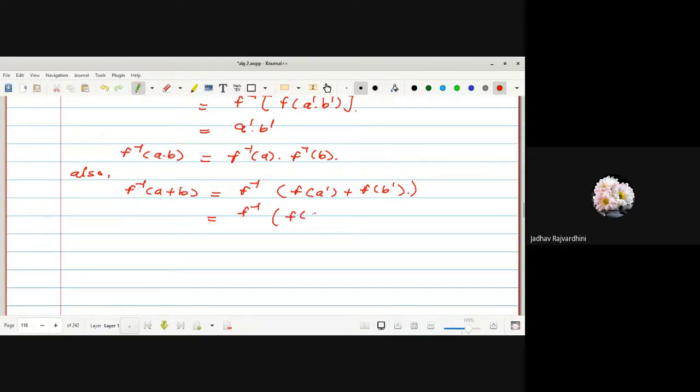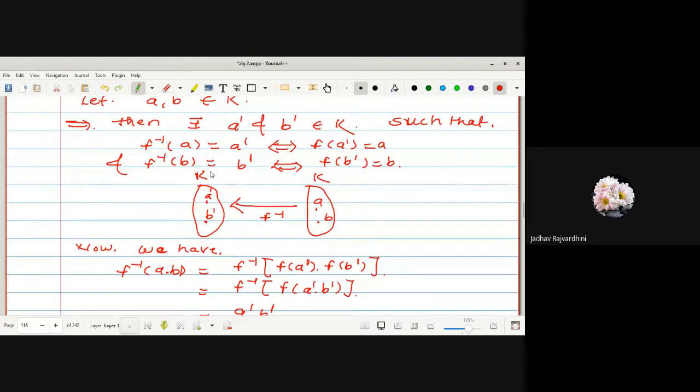So this is F of A dash plus B dash. So F inverse F is equal to I, where I of A dash plus B dash is A dash plus B dash. But what is A dash? F inverse of A plus what is B dash? F inverse of B. Get it?